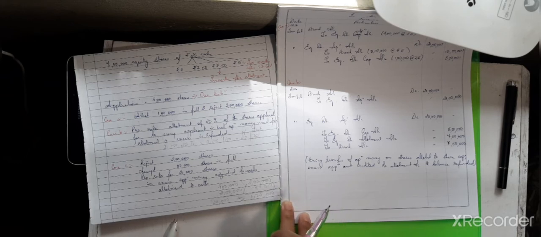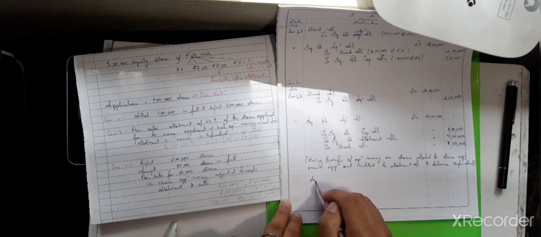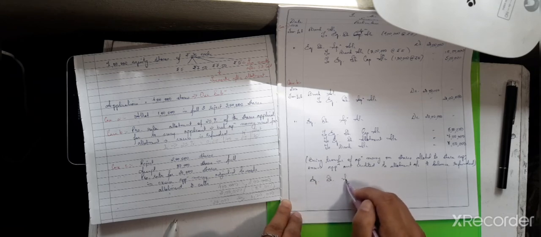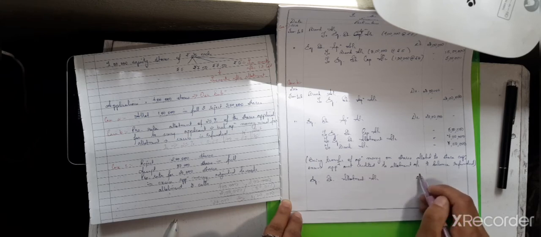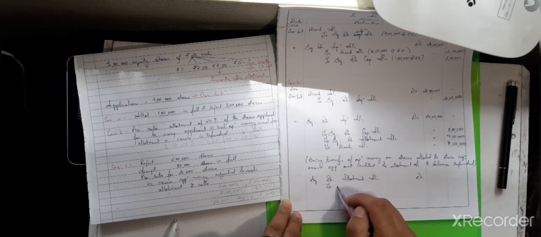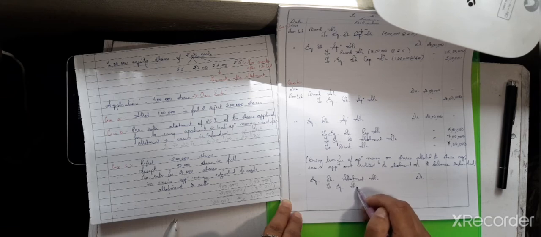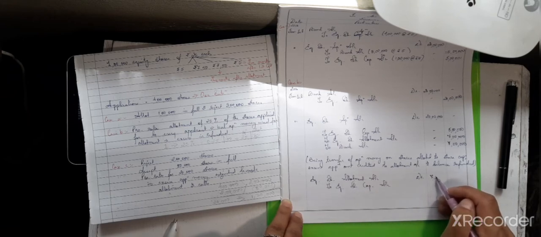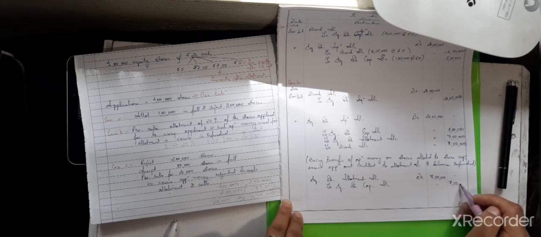That is your general due entry. So it'll be equity share allotment account debited to equity share capital account amounting to rupees 7,50,000, which we've already calculated previously.